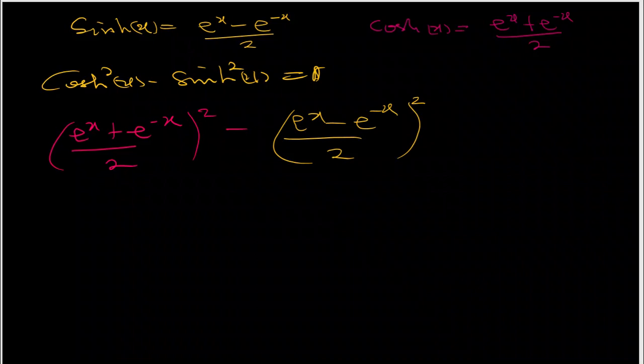So for this side, the denominator will become 4, but the numerator will be e to the power 2x plus 2 e to the power x multiplying e to the power minus x plus e to the power minus 2x.